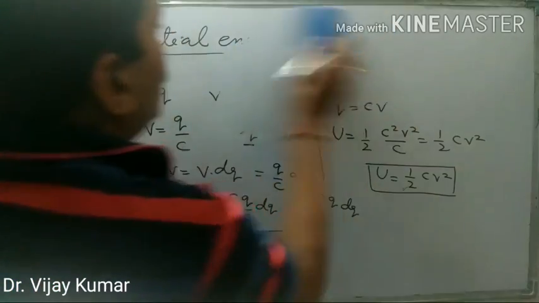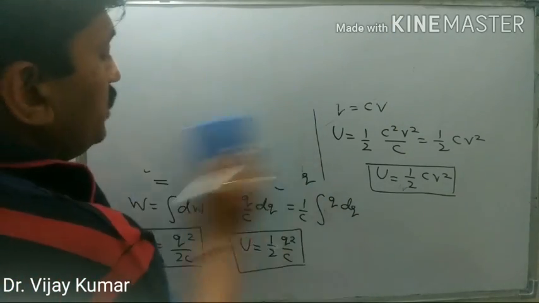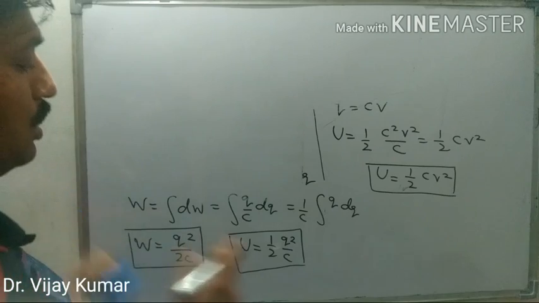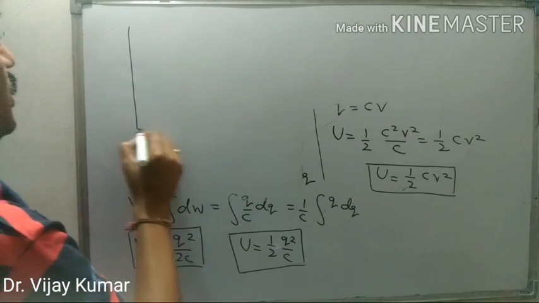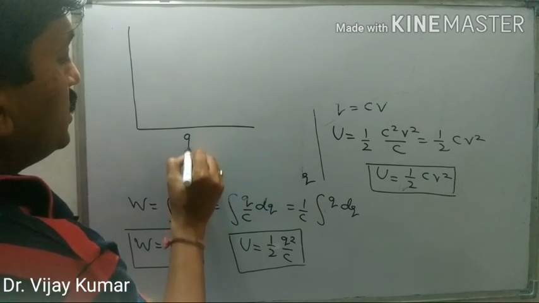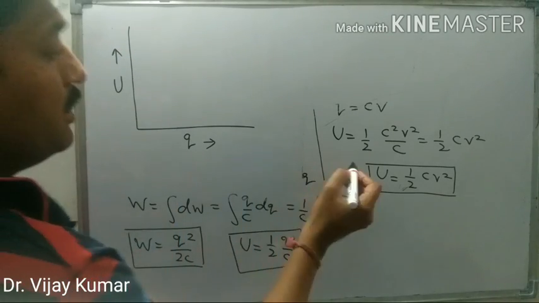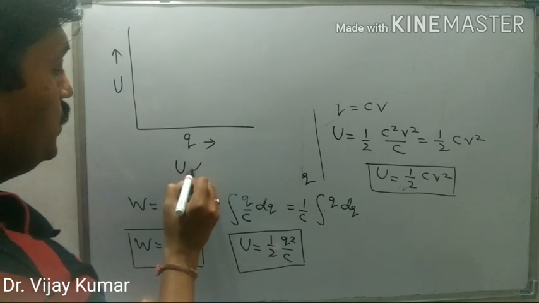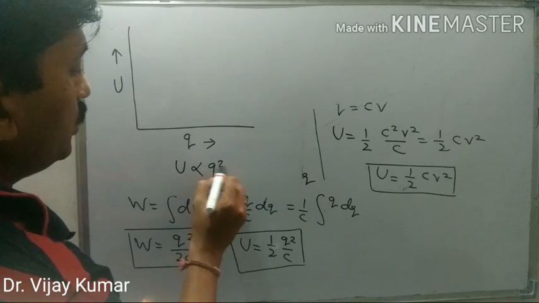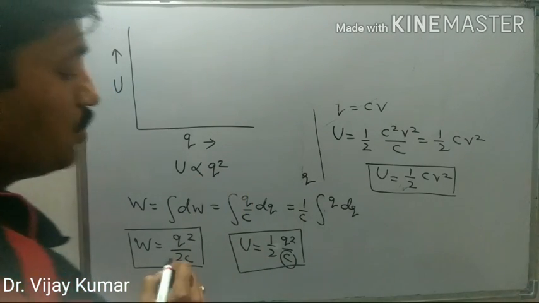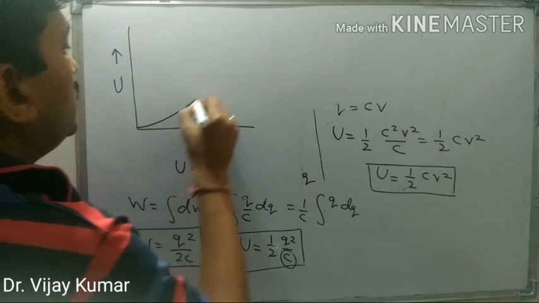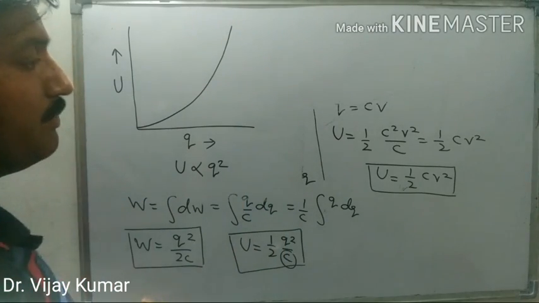We can draw a curve between potential energy and charge. Suppose charge is on the x-axis and this is potential energy. From this formula we know that U is directly proportional to Q² when C is constant, and it should look like this.